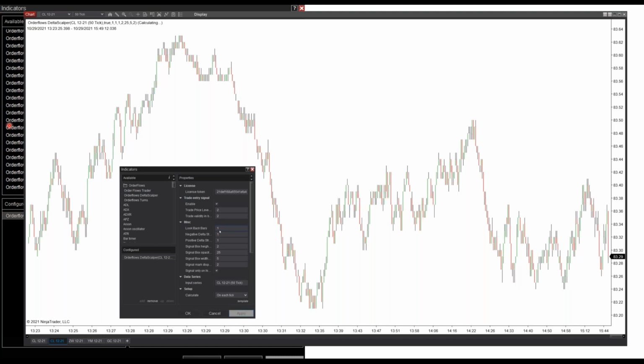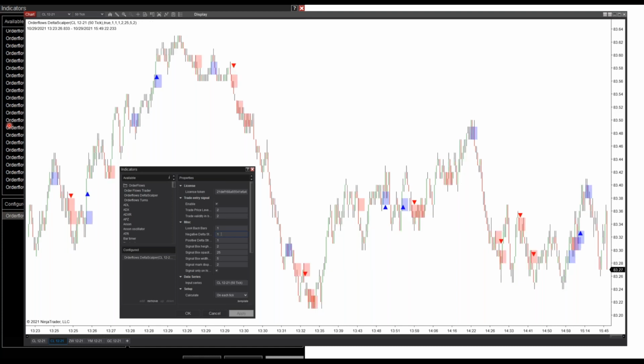There's going to be fewer signals, because when you use 0, it's not taking into account the previous bar. When you use 1, it is starting to take into account the previous order flow. So now you're seeing a few less signals here. Before there were a few buys on the way up. Now you're just seeing the 1 here, 1 here, as far as using the trade entry signal.